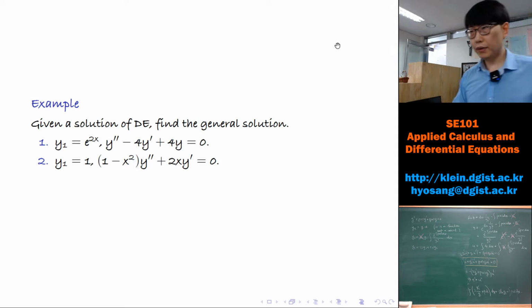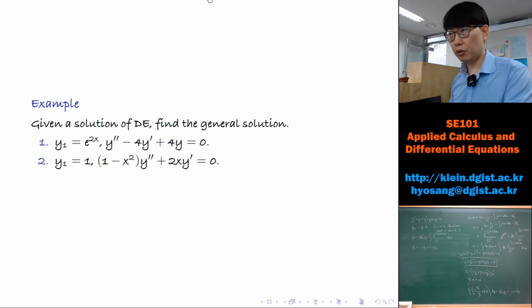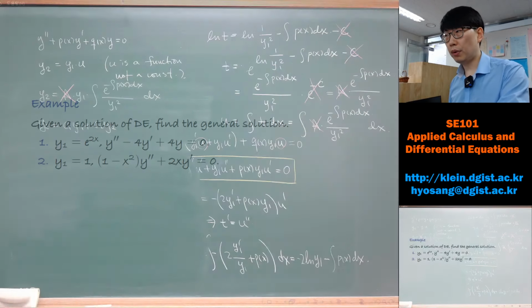Okay, so first one, you can do the second one by yourself. So you have y1, the first solution, e to the 2x, and find the next solution to y double prime minus 4y prime plus 4y. Okay, these two examples have different natures, so let's do both.